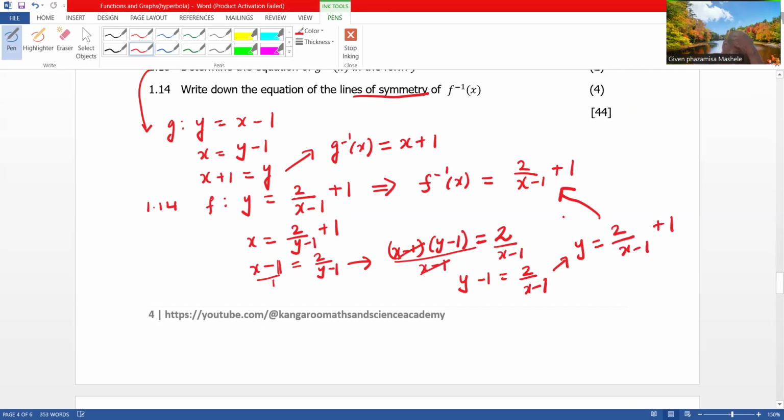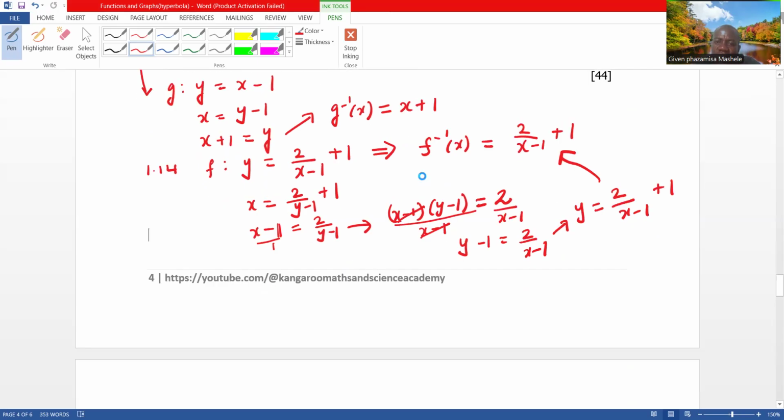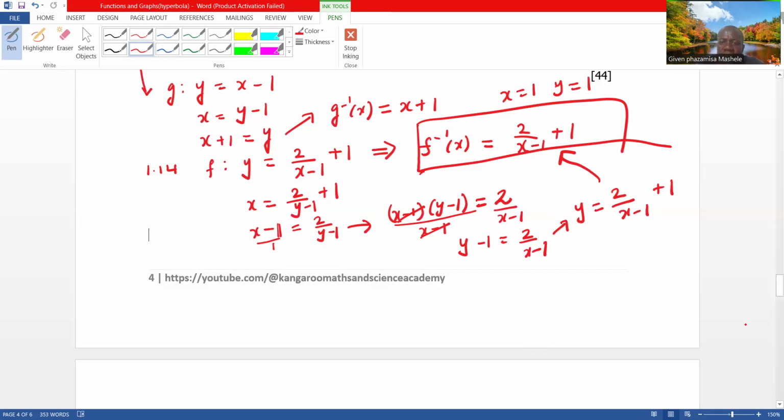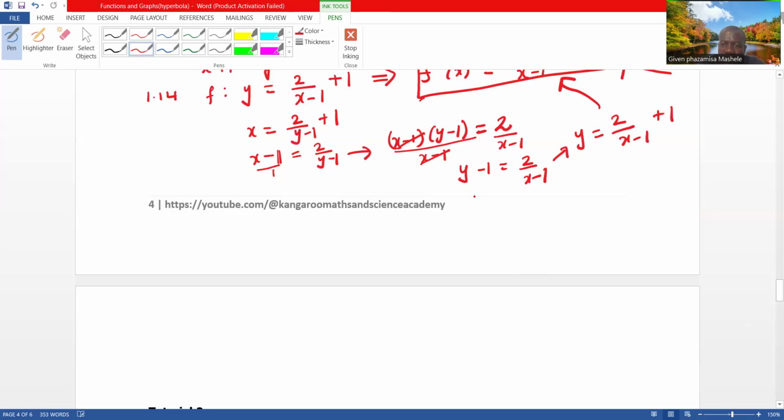So now the question wants us to write down the equations of the lines of symmetry. Obviously, to determine the equation of the line of symmetry, we still need the asymptotes of this equation. The asymptotes will still be x equals to 1 and y equals to 1. Let's start with y equals to x plus c, the one with positive gradient. If this is 1 and that one is 1, then c is 0.